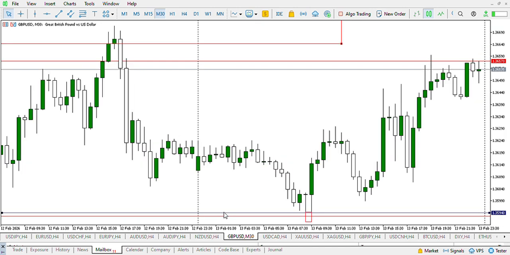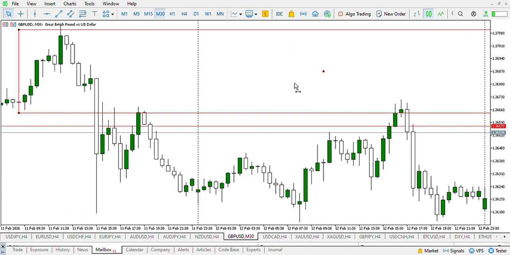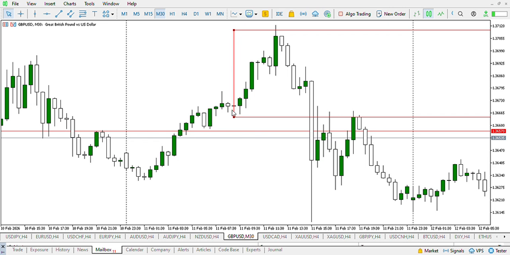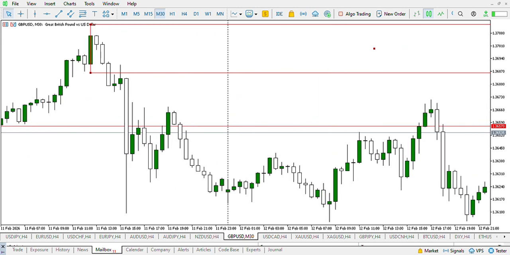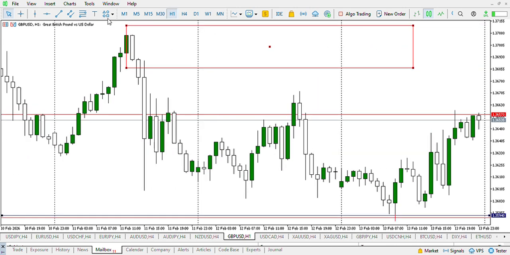So forex trading is very easy, very simple. It is traders that complicate their strategies. So right here we can see we mark out 50% of this zone to have a good refinement.